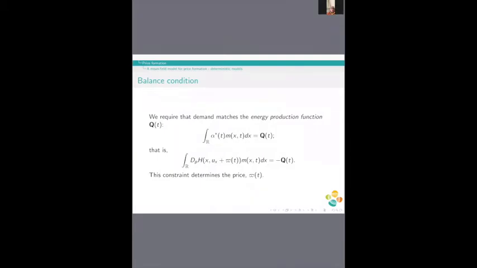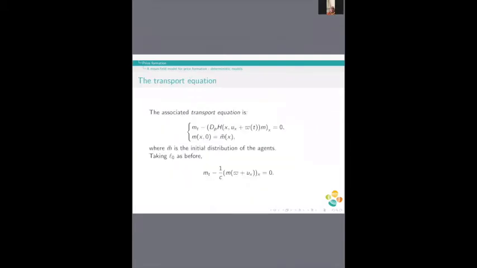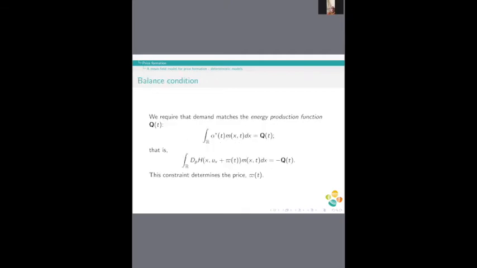Once we have these two ingredients, we have an equation for U, we have an equation for M, and now we need an equation for the price. And this is where the mean field game model enters, because this is where we require that the demand, which is the amount that you trade, matches the supply.